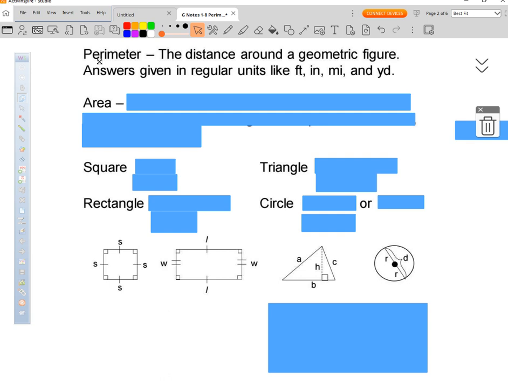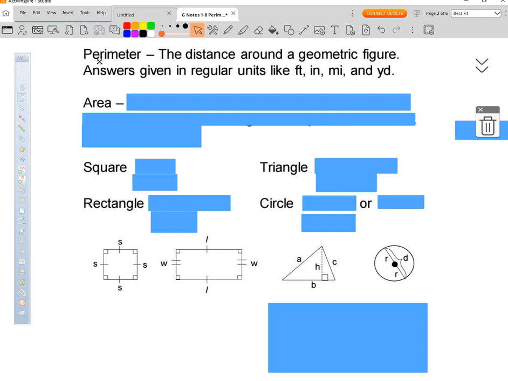Alright, area. Area is how much space something takes up or how much space something covers. If you want to paint the walls of this room, you need to know the total area you're going to paint. So how much area do you need to cover with paint?